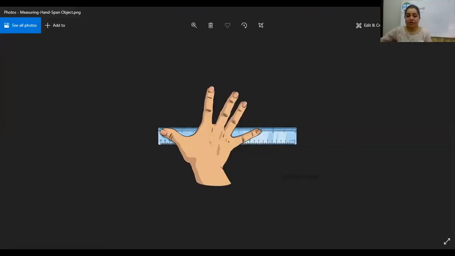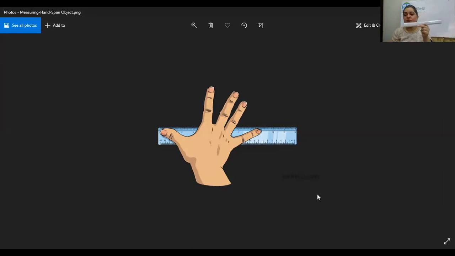I'm going to show you another picture in which we will see how big your hand span can be. Now this is the hand span. If you take a ruler and put it like this, you can easily measure your hand span. My hand span is almost 8 inches, right?